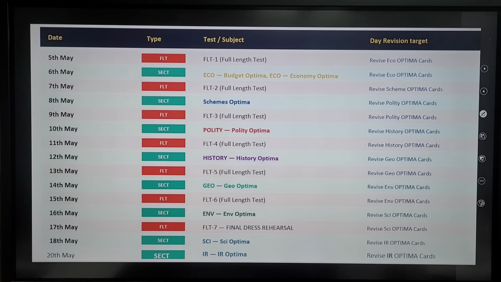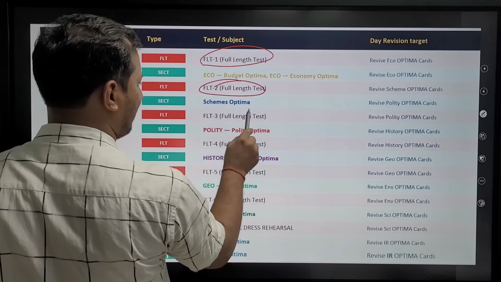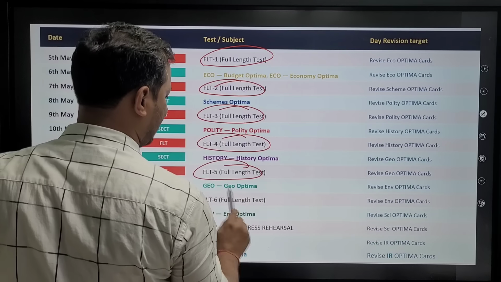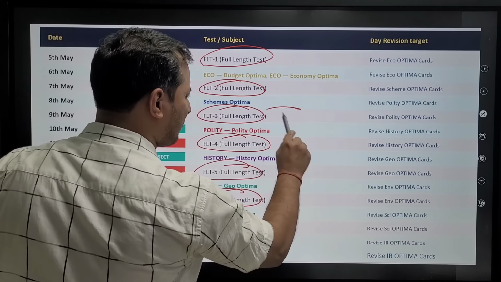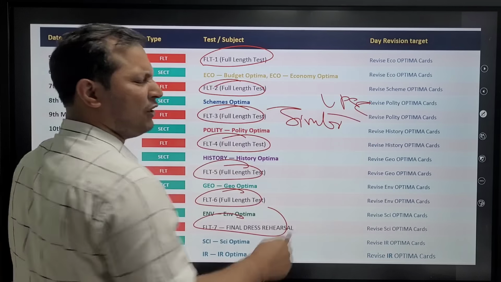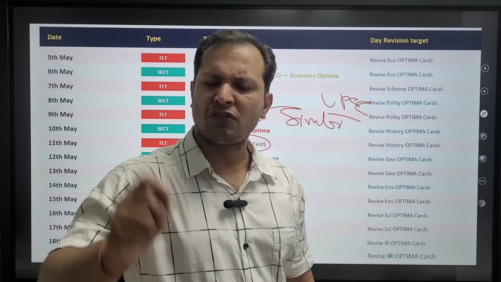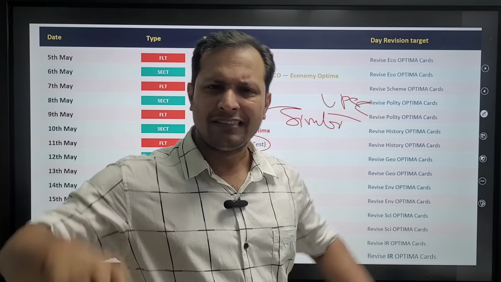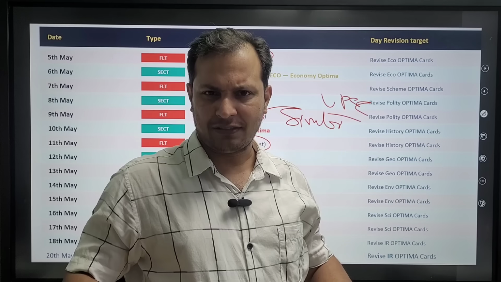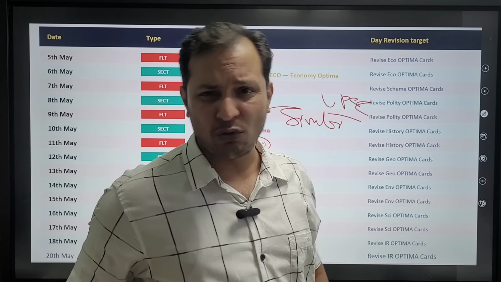One test of environment, 100 important environment questions. And we have 7 FLTs, FLT1 to FLT7, with a similar pattern as in UPSC. Exactly: questions on sports, awards, military exercises, 3 pair questions, boxes questions, reason assertion questions.